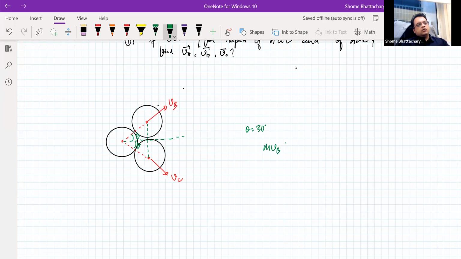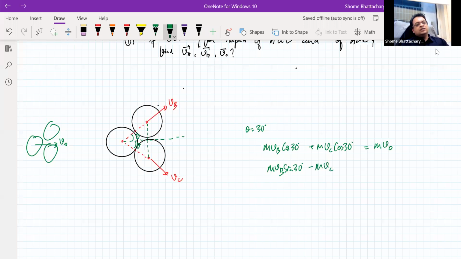Now you can see that m VB cos 30 plus m VC cos 30 will have to be equal to m V0, momentum conservation, because before impact we just had a V0 in this direction. And m VB sin 30 minus m VC sin 30 equals zero, or by symmetry, you can just understand that the two magnitudes of VB and VC are equal.